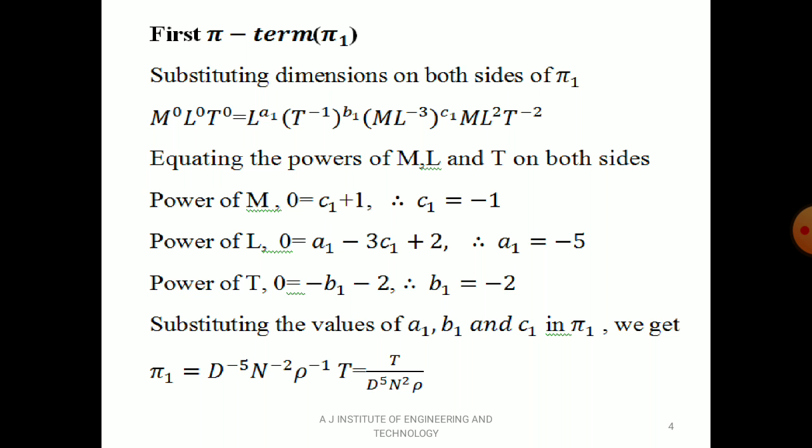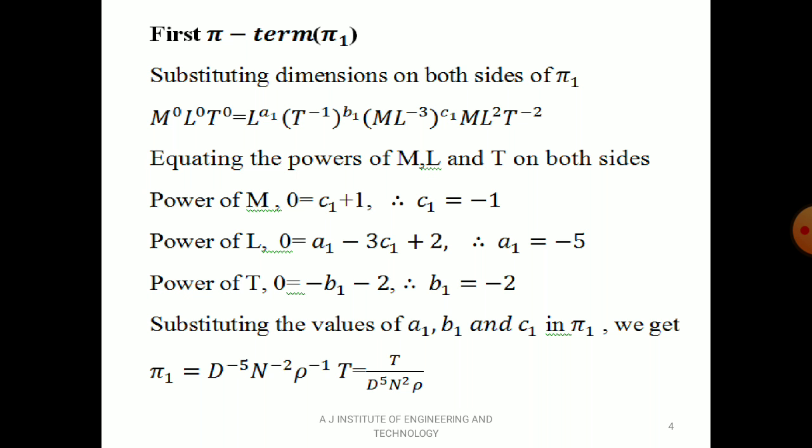Now as we all know, the next step is equating the powers of M, L and T. So first let's equate the power of M. On the left hand side we have M to the power 0, on the right hand side we have M to the power c1 and M to the power 1. So by equating the power of M, we get 0 equal to c1 plus 1.